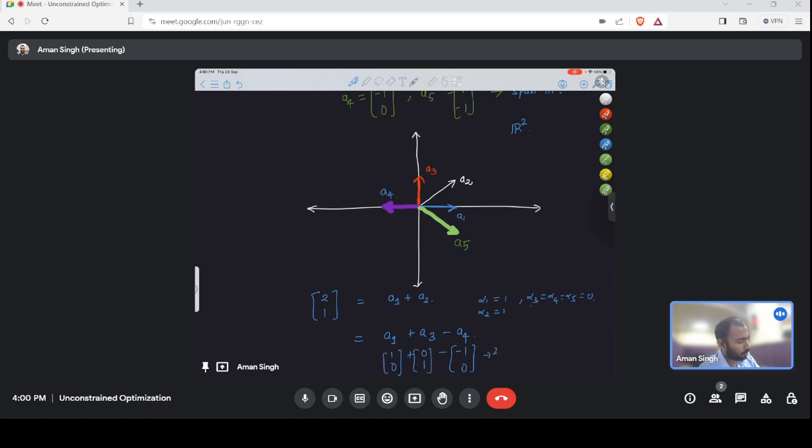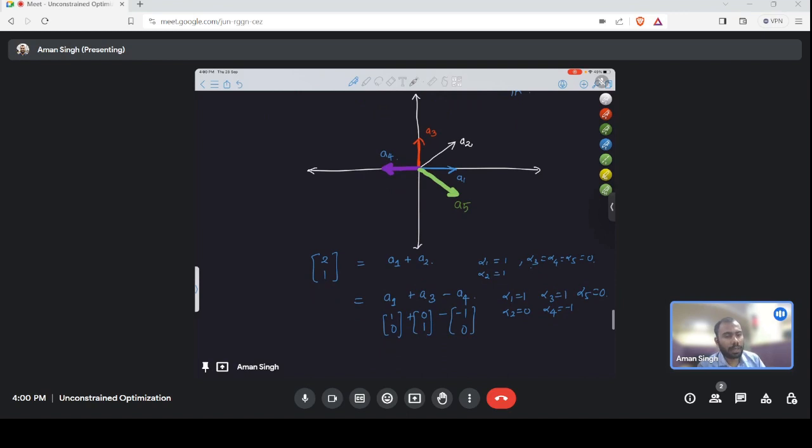This gives me (2, 1). So this set of alphas need not be unique, but you can write all the vectors of S in some way.